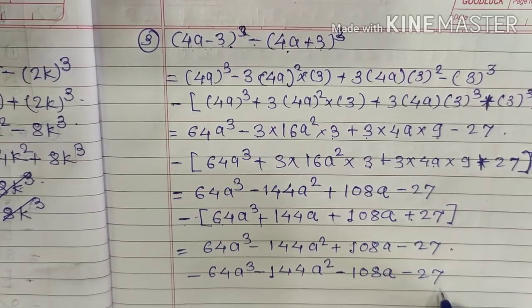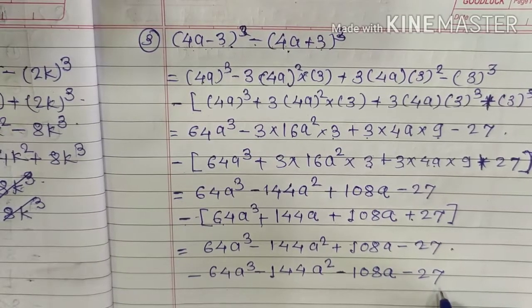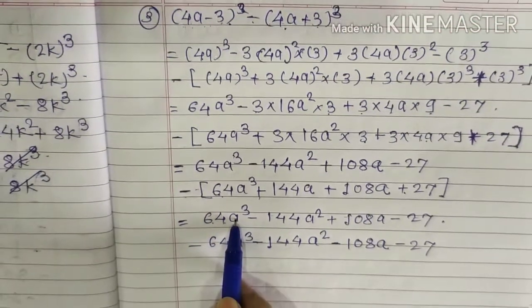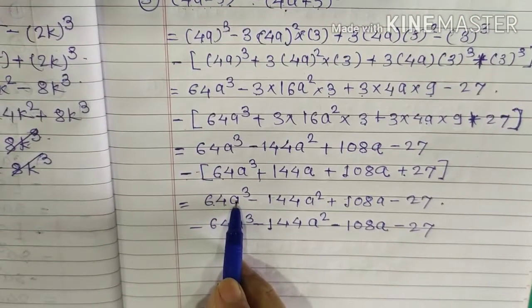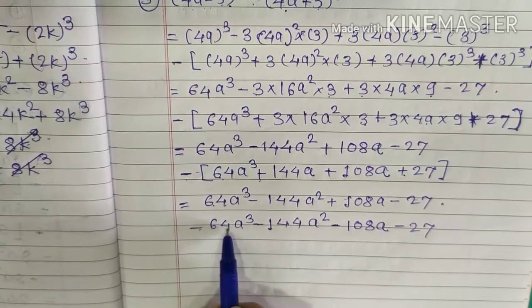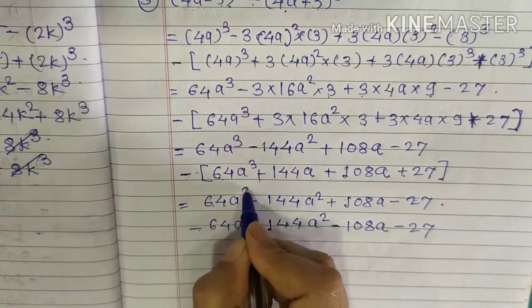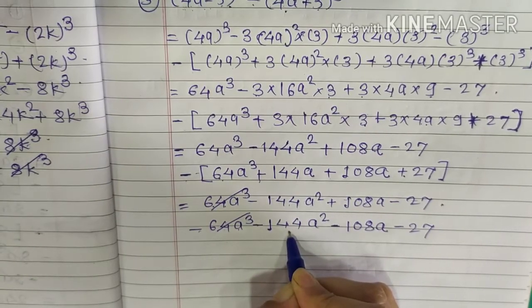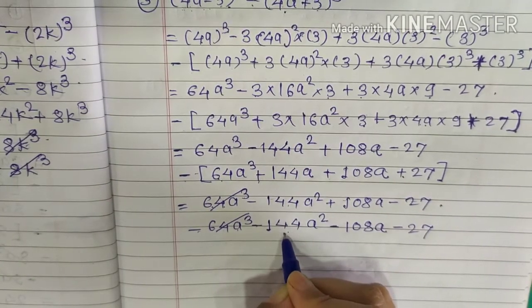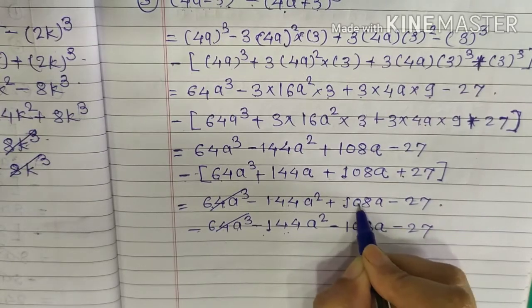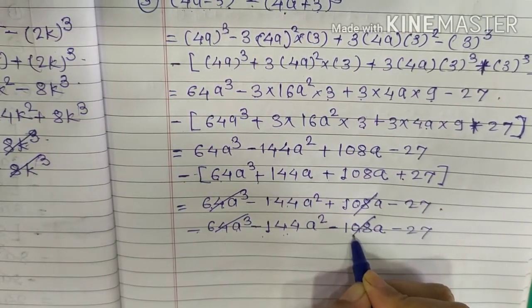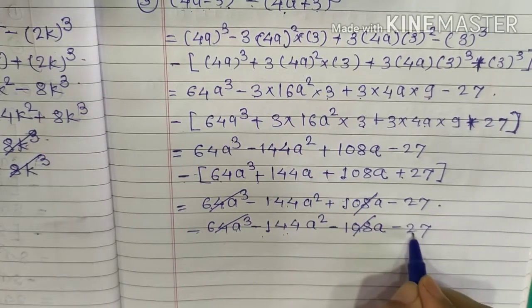Then see the like and unlike terms. Here plus 64a cube minus 64a cube, they cancel each other. Here also plus 108a minus 108a, they cancel each other. And what remains here?